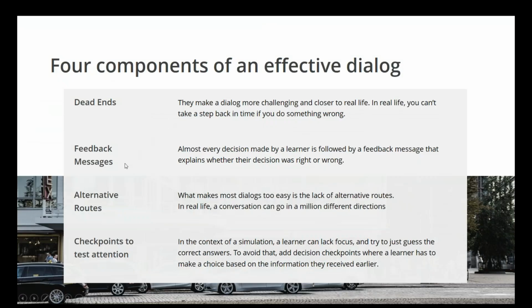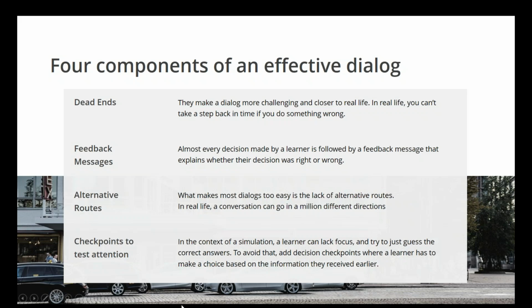Now, the second component of an effective dialogue is feedback messages. In my car sale simulation, almost every decision gets a feedback message that explains whether they did a right choice or not.